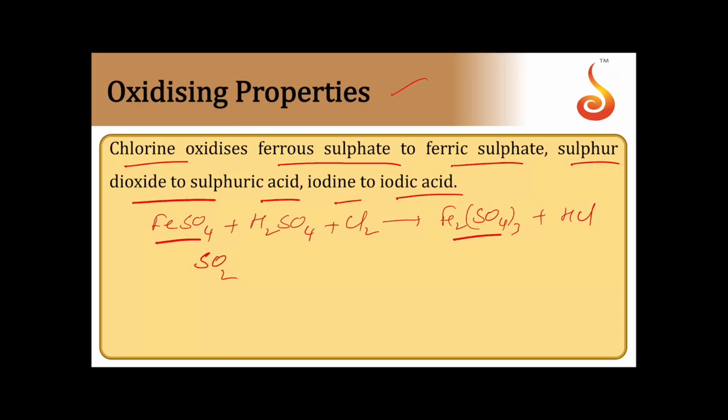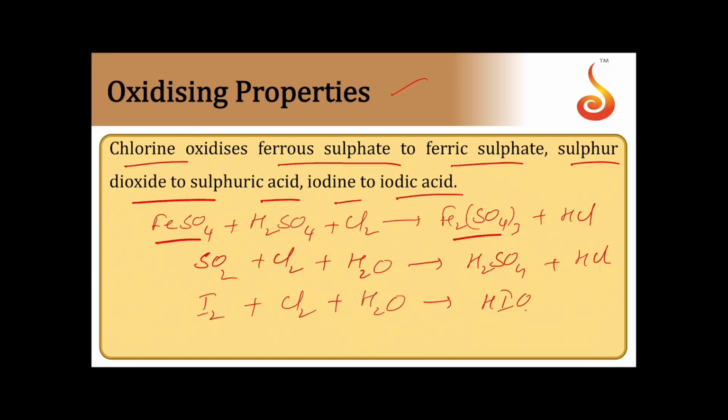If you take sulfur dioxide and chlorine in water, this forms sulfuric acid, H2SO4, and again the byproduct is HCl. If you take iodine and chlorine plus water, this forms HIO3, iodic acid, plus HCl.